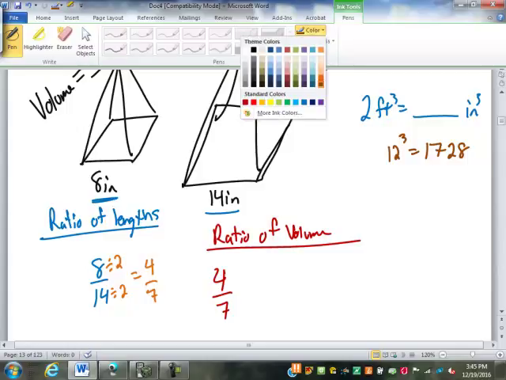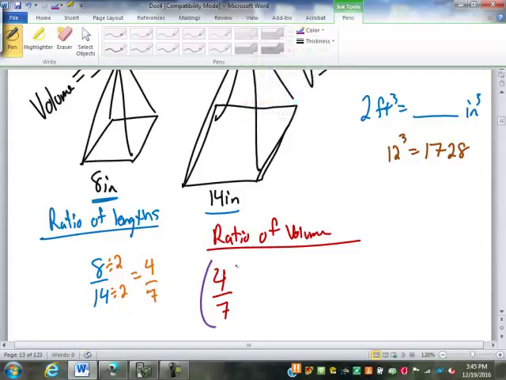So I'm going to do the same thing down here. My ratio of volumes is going to be my ratio of lengths cubed. So 4 cubed is 4 times 4 times 4, otherwise known as 64. 7 cubed is 7 times 7 times 7, otherwise known as 343. So my ratio of volumes is 64 to 343.